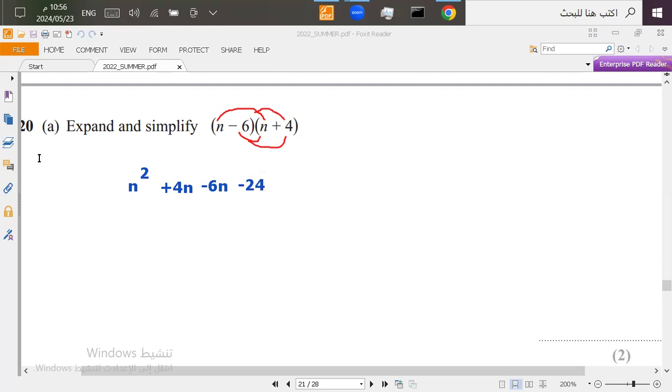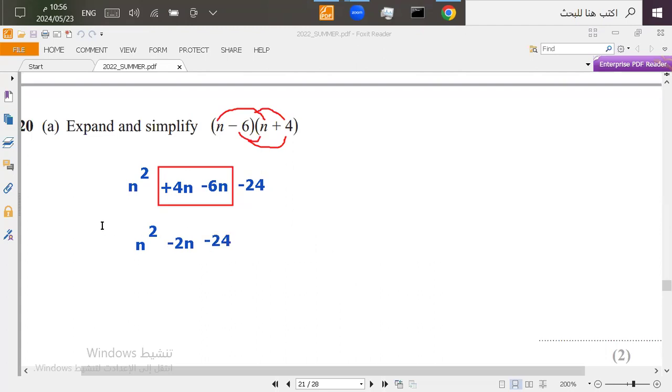Now, we're going to simplify the like terms. We have 4n minus 6n. n squared stays the same. So it's n squared. And then plus 4 minus 6 is going to be negative 2n. And then negative 24.